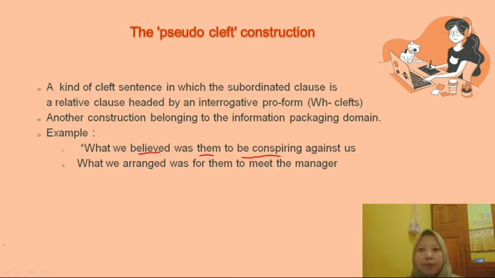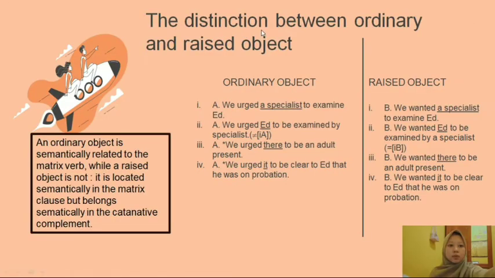Them is the object, and to be conspiring against us is a non-finite clause functioning as catenative complement. The distinction between ordinary and raised object is that an ordinary object is semantically related to the matrix verb, while a raised object is not. It is located syntactically in the matrix clause, but belongs semantically in the catenative complement.